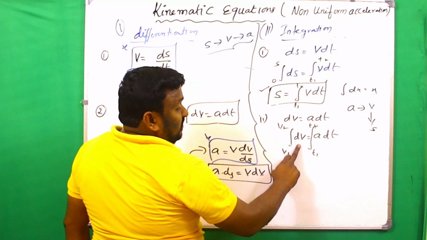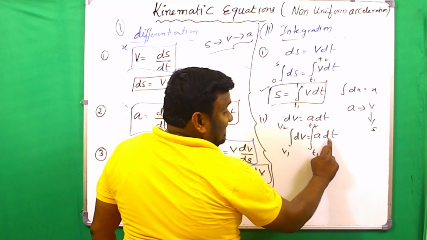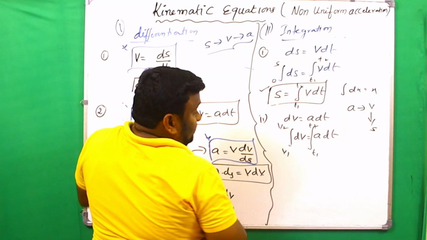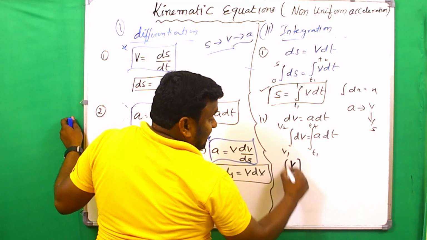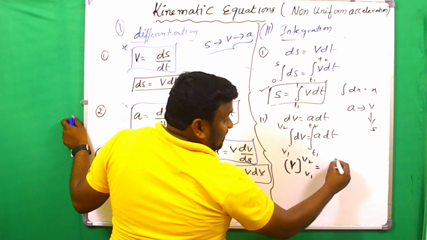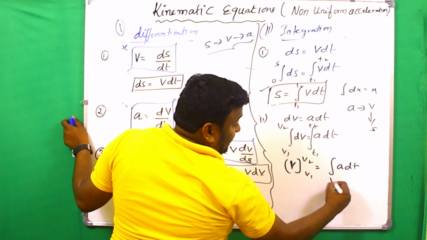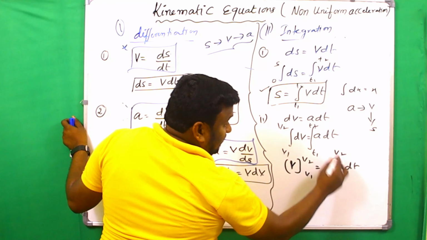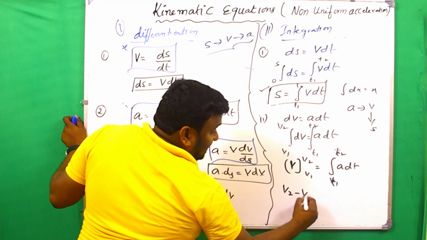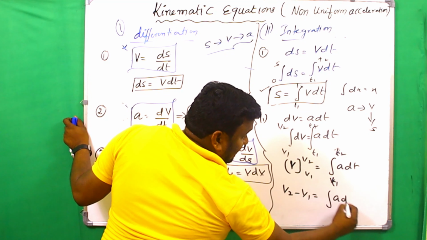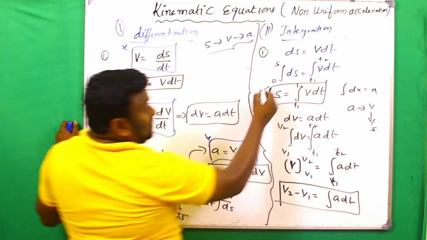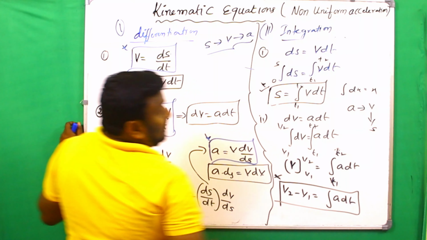So ∫dv = ∫a dt. How can we write it? We get the integral with v1 as the lower limit and v2 as the upper limit. Then a dt with limits t1 to t2. Then v2 minus v1 = ∫a dt. So this is another form of the equation. This is the first one and this is the second one.